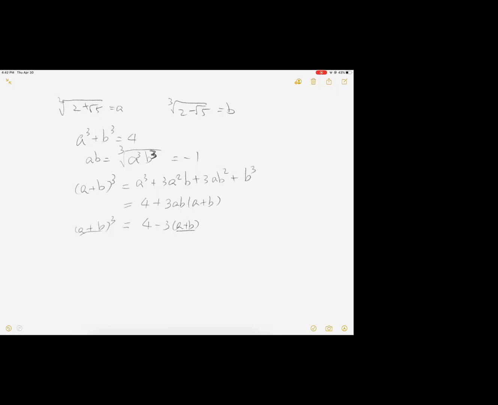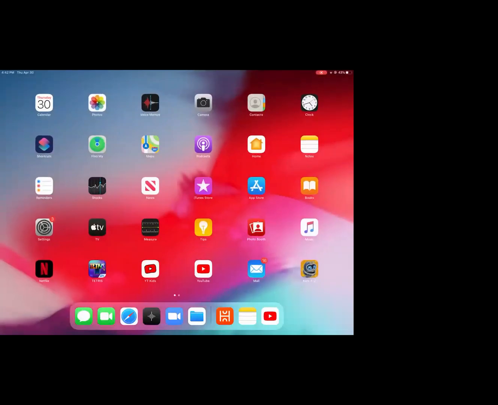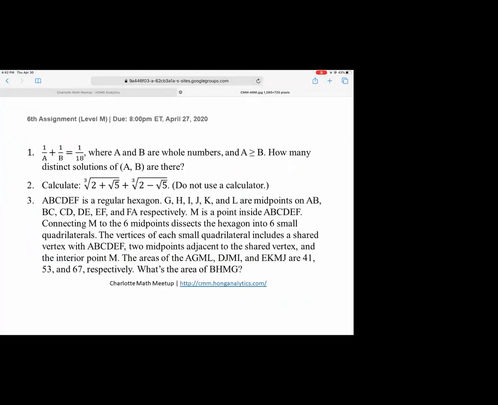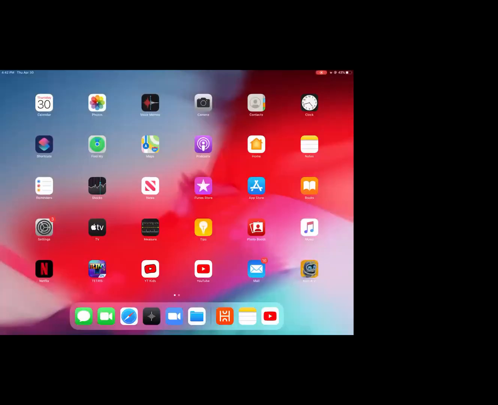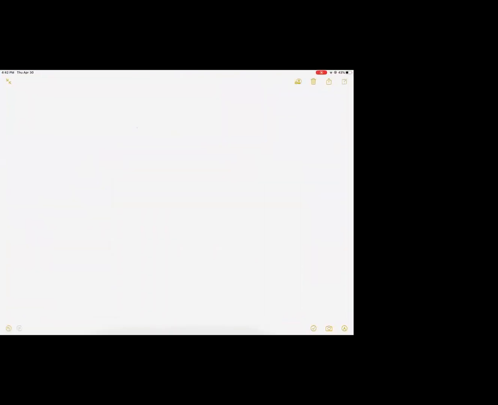All right, let's invite our spotlight student in here to talk about the last problem. Okay. The last problem is a geometry problem. ABCDEF is a regular hexagon, and we have G, H, I, J, K, L on the midpoints. I gave you a few areas and want you to calculate the other area. Let me draw the picture first.